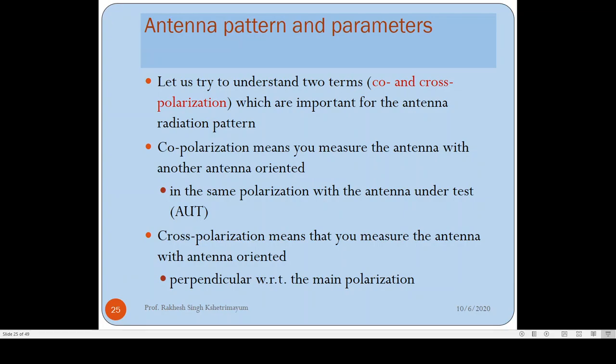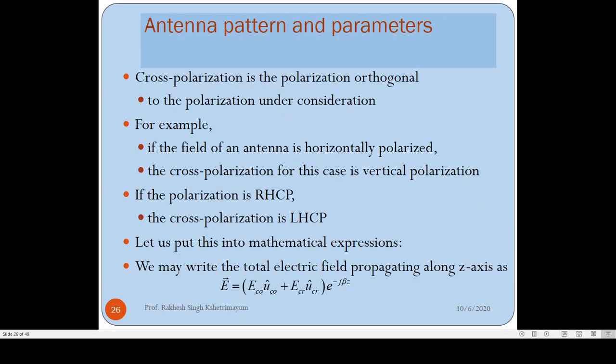Whatever measurements you make for the fields in that case is the cross polarization component. So for example, if the field of the antenna is horizontally polarized, the cross polarization component will be in the vertical polarization, or if the polarization is RHCP, the cross polarization will be LHCP. LP horizontally polarized, cross polarization will be vertical polarization. RHCP, cross polarization will be LHCP.